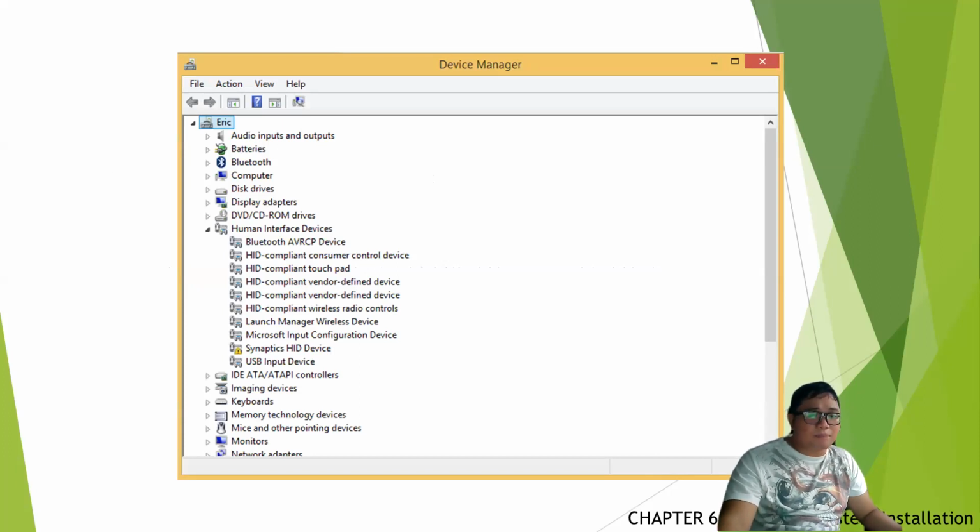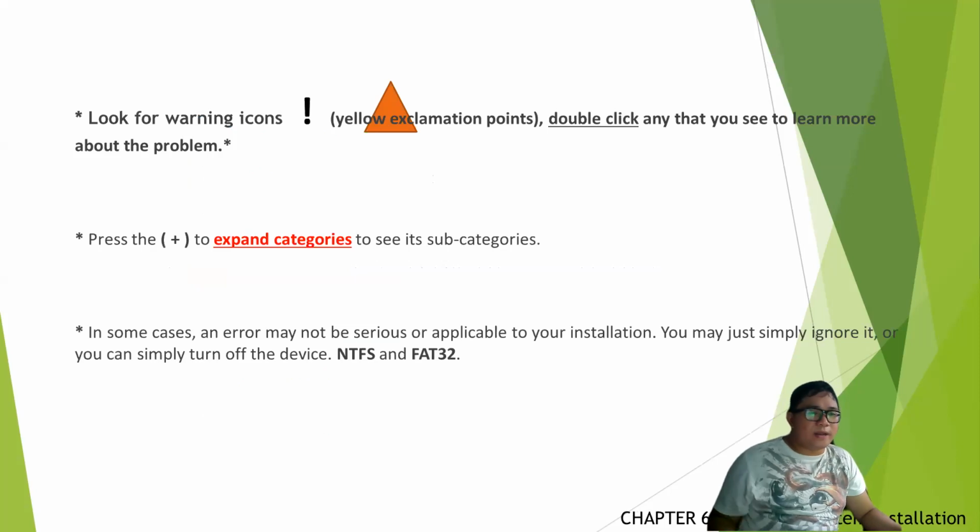Kasi yung update is very important. So makasabay yung ating hardware sa pag-function doon sa operating system. It's very important na may drivers. So look for warning icons. Ito yung titignan nyo. Pag nakita nyo yung yellow exclamation points, double click it and you will learn to trace the problems of it.